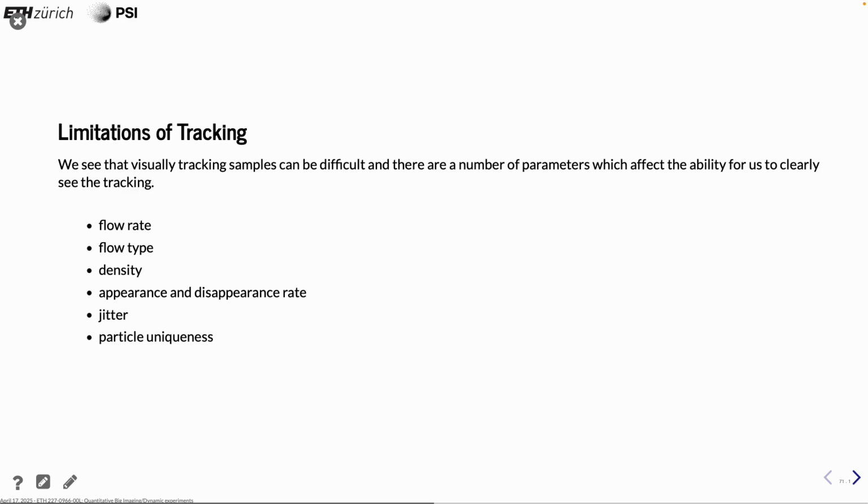And the jitter that I just mentioned. Another thing that I haven't mentioned in the tracking is particle uniqueness. For example, if you have just round small particles, they are almost the same, so you can't use that information. But if you have maybe some size distribution, some shape distribution, you can actually use that also in your tracking as additional information.